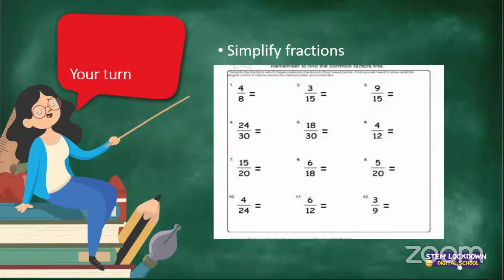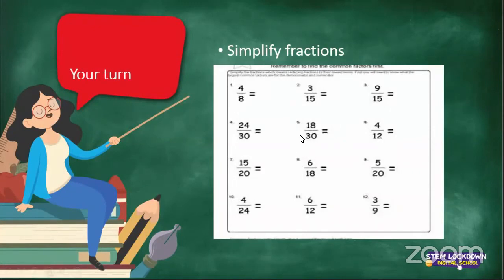It goes 4 times. And how many times does 6 go into 30? It goes 5 times. So here on number 4, we'll have 4 over 5.